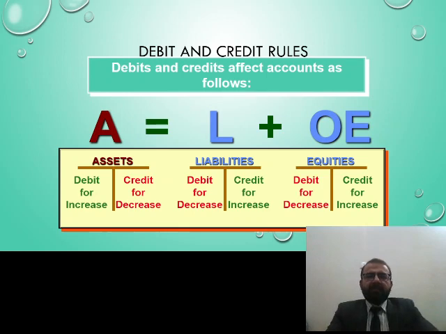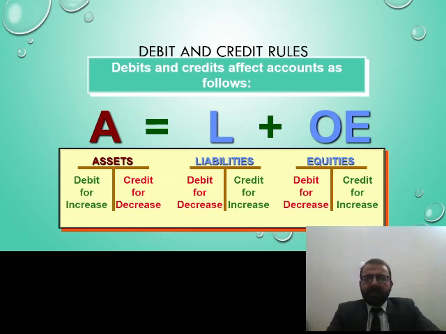Debit and credit rules. Debits and credits affect accounts as follows. Assets equal liabilities plus owner's equity. Assets are debited for increase and credited for decrease, whereas liabilities are debited for decrease and credited for increase.